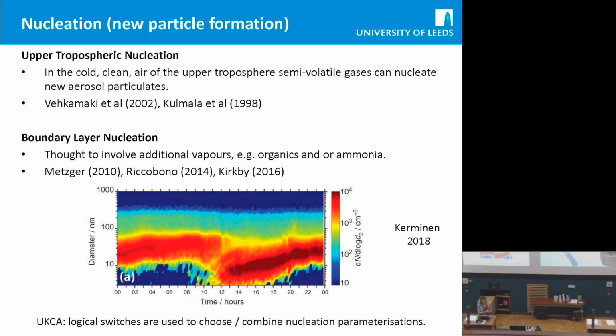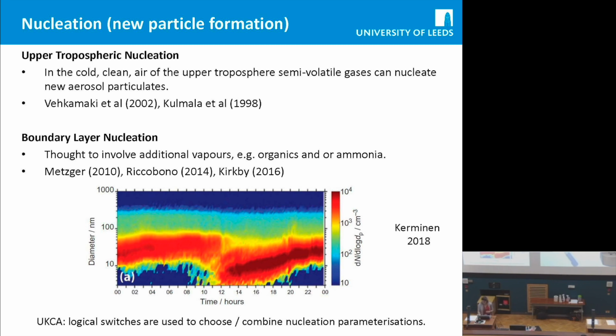But people started to realize that down at the surface in the boundary layer, that wasn't giving us enough new particles being created. So like those size distributions I showed at the start, if we see a big spike in the number of very small particles, we know that they must be being created. They're coming from somewhere.